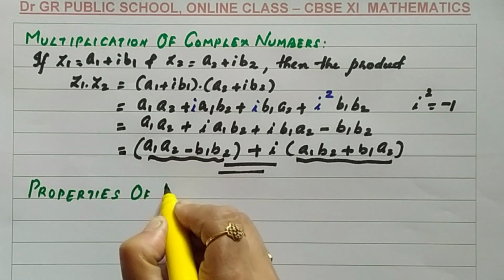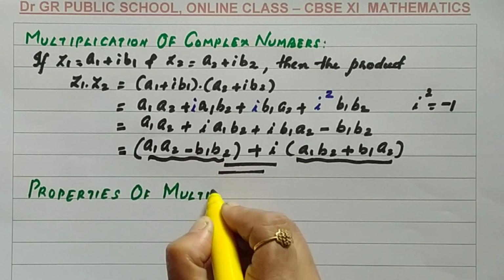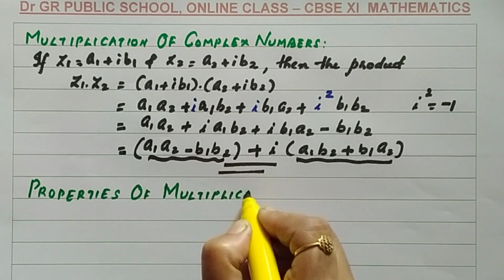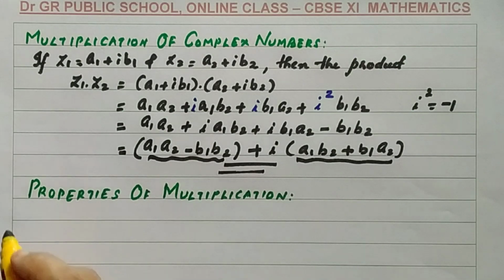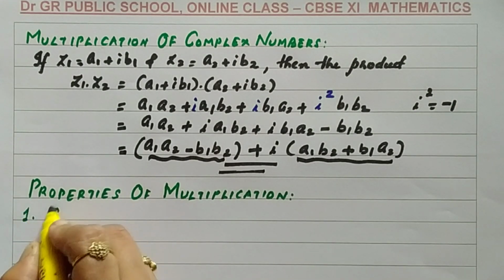Properties of multiplication of complex numbers. What is the first property in the case of multiplication of real numbers? That is the closure law itself.